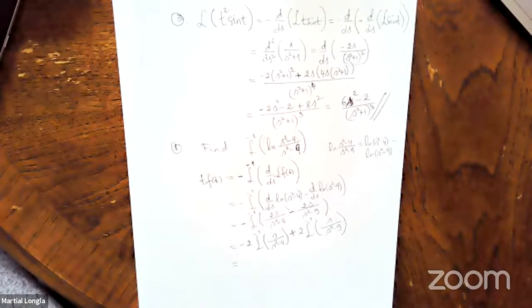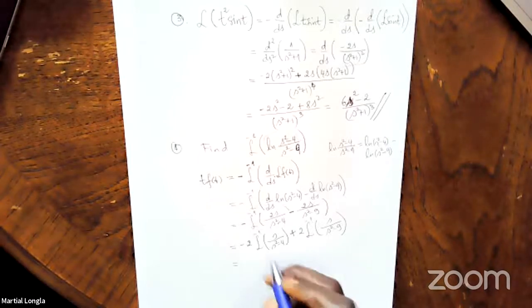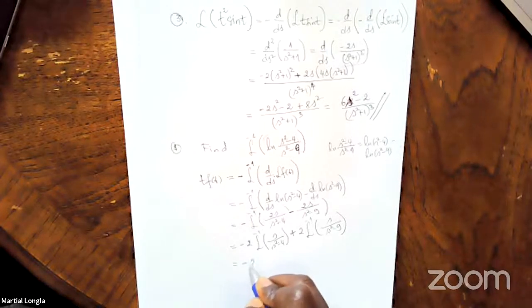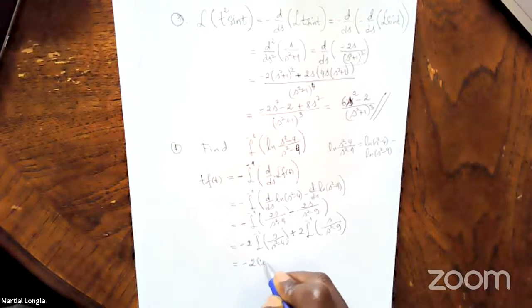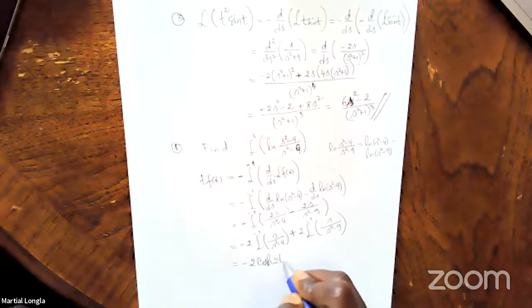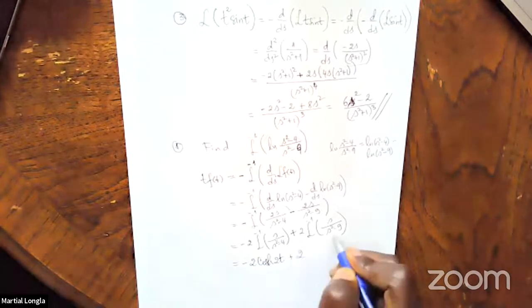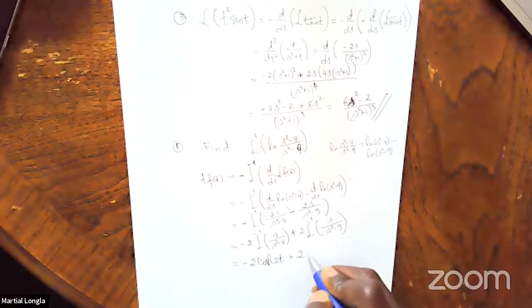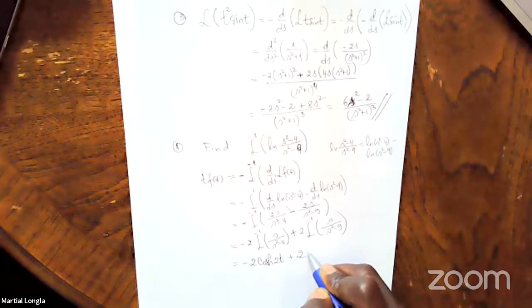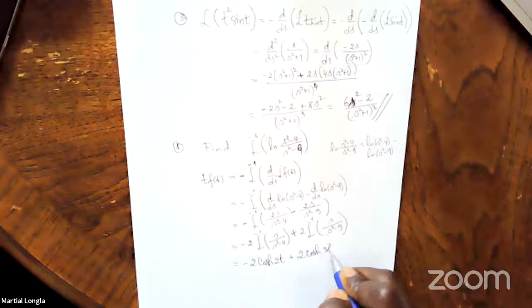Is it hyperbolic cosine of 2t? That's correct. So that's minus 2 hyperbolic cosine of 2t plus 2, and this one is? Hyperbolic cosine of 3t. That's right.